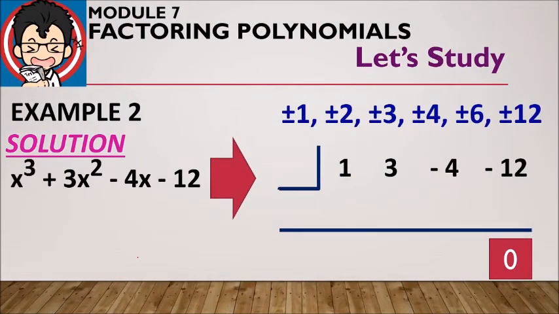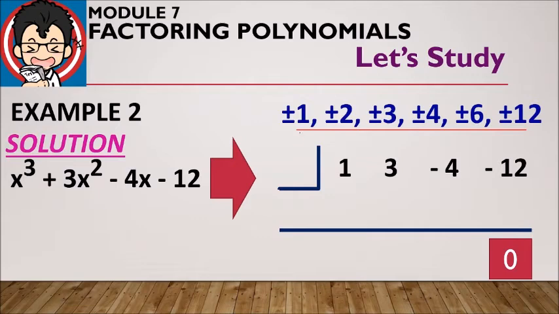Now, given itong mga possible factors or possible roots na ito, pipili tayo ng isa until makahanap tayo ng isa sa mga possible root na pwede nating gamitin dito. So, in other words, magta-trial and error tayo.